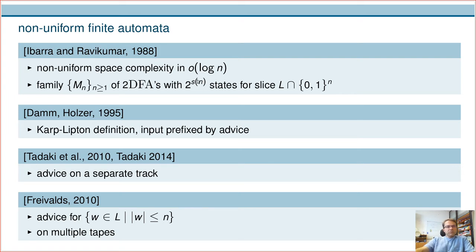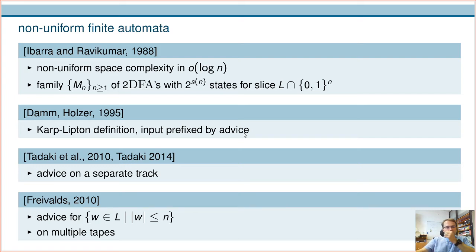Then for the Karp-Lipton-like definition, Dam and Holzer studied in '95 finite automata with the same setting. So we have the input word and it's prefixed by some advice string.